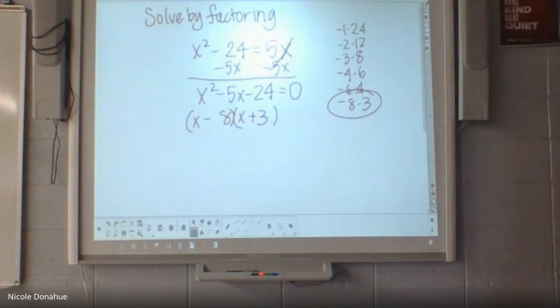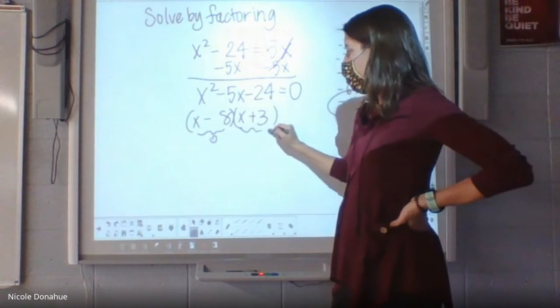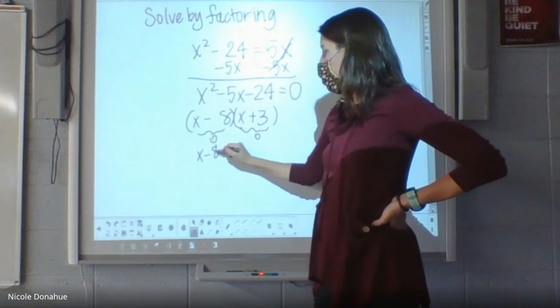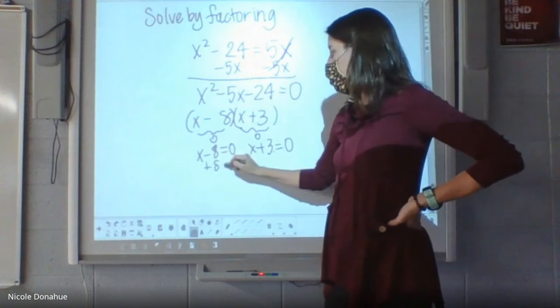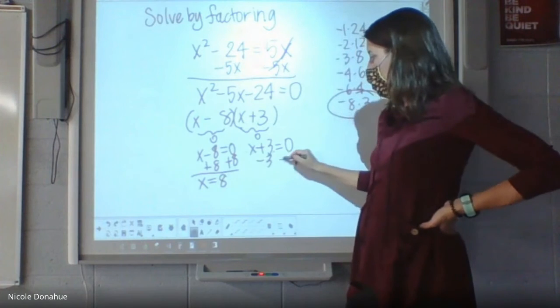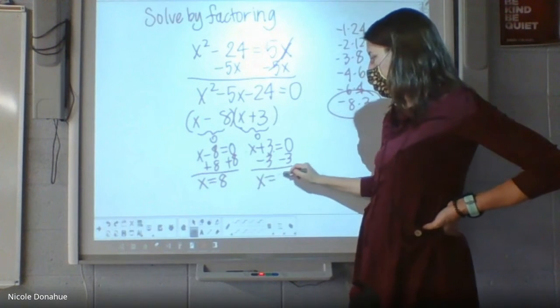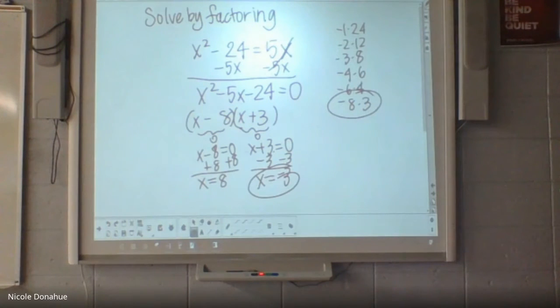But then I'm not done. I still need to solve this. So I have to set each of these equal to 0 and solve. So x ends up being 8 and -3. So we did one type of factoring on our purple sheet here today, and this is another type that showed up on our yellow sheet.